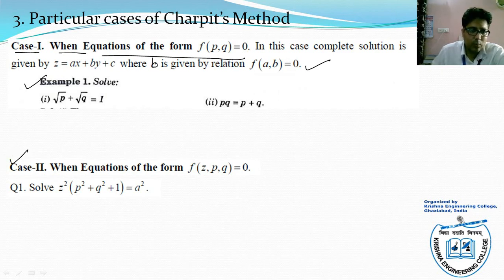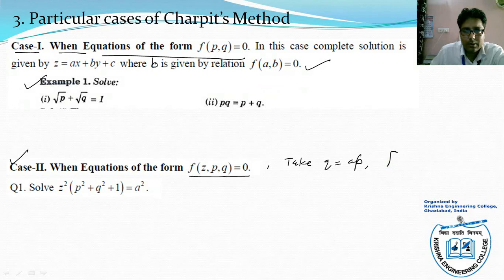Case second, when the equation is of the form f of z p q, that means the equation contains three terms z, p, q. In this case, take q is equal to ap and solve for p.